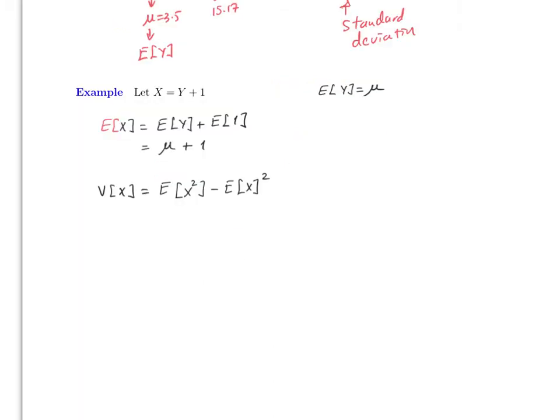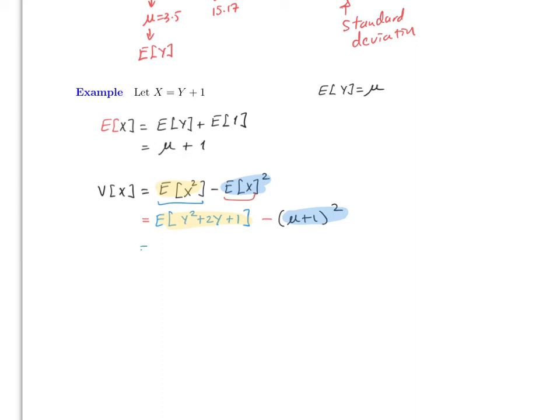Well, therefore this first part will be the expected value of x squared, which is y squared plus 2y plus 1. And for this one, you already know that the expected value of x is equal to mu plus 1, so this will be mu plus 1 squared. Right, so this part is this, and this part gives you this.